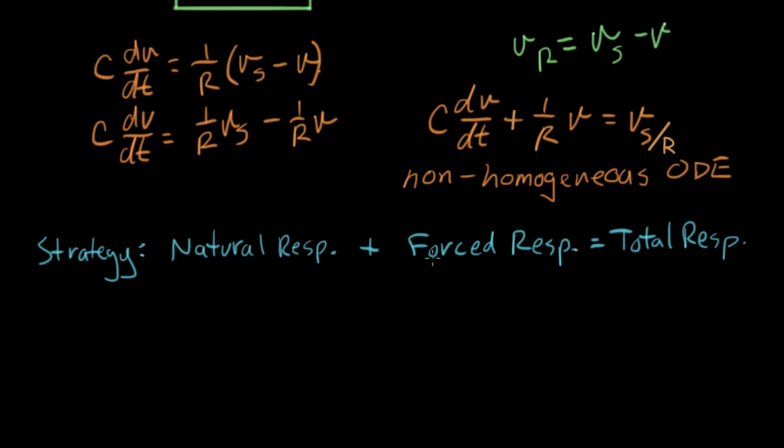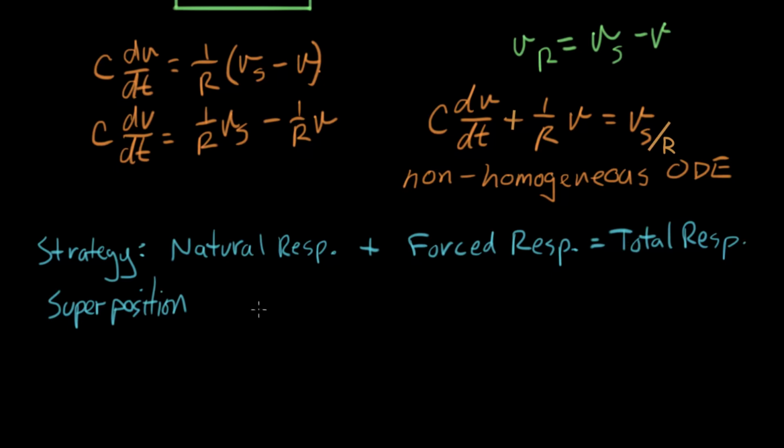And when we take those 2 things and add them together, we'll get what the circuit is going to do altogether. And this is another good application of superposition. We're going to take 2 things that the circuit does, analyze them separately, and then add them together, superimpose them, to get the total response.